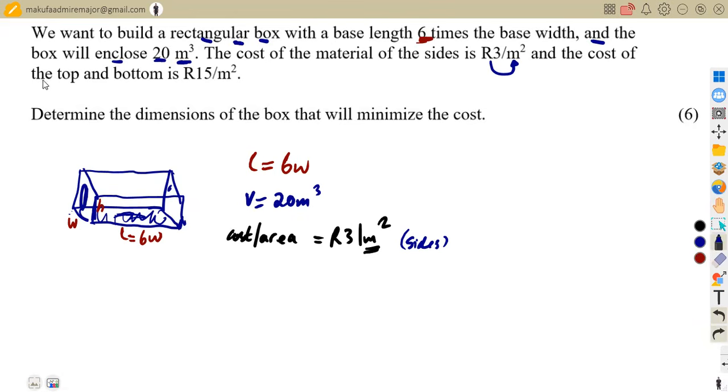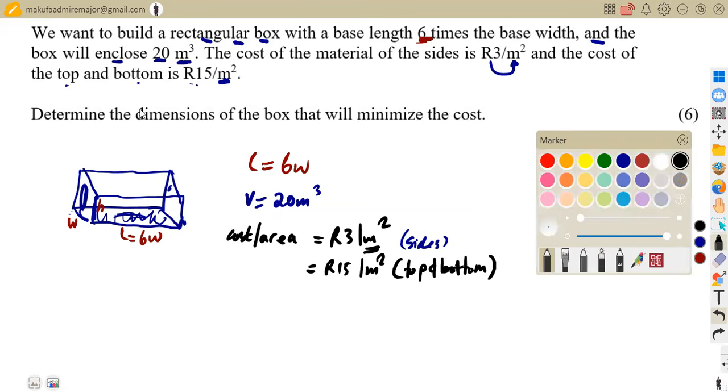Then the cost of the top and the bottom is 15 rand per square meter, per area again. So we have another cost of 15 rand per square meter, which is now for the top and bottom. All right, this is the information that we were given. Now the question is, from this information, take note.